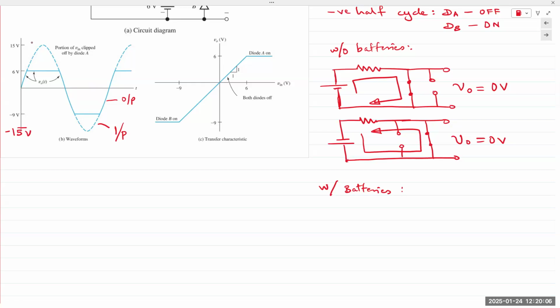So until 6 volts is crossed, diode DA is off, at this level. Does that make sense to everyone?